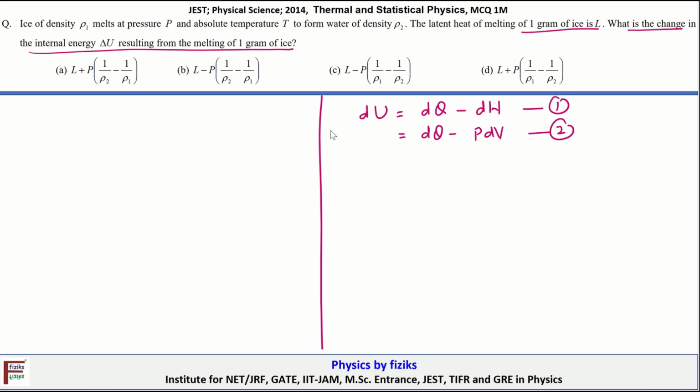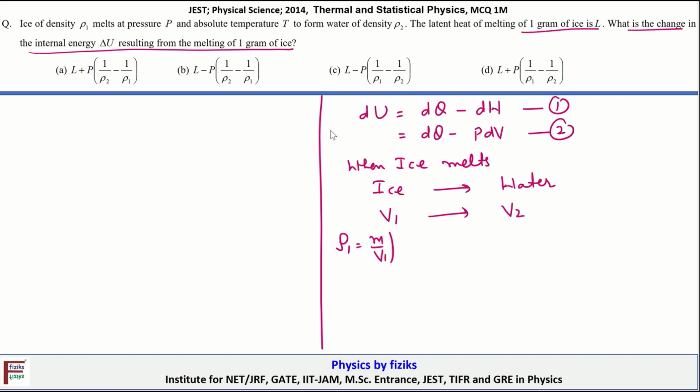Let's try to evaluate these two different quantities with the information that's given to us. So when ice melts, that is a process of converting ice into water. During this process, the volume of the system changes from V1 to V2. In other words, you can say the density changes.